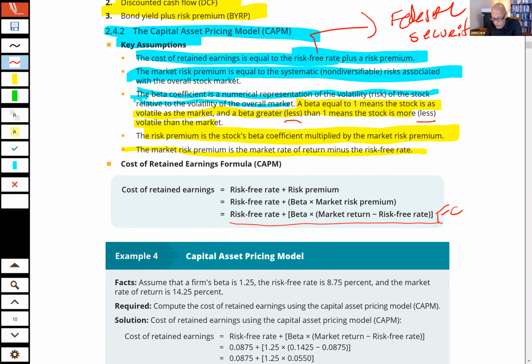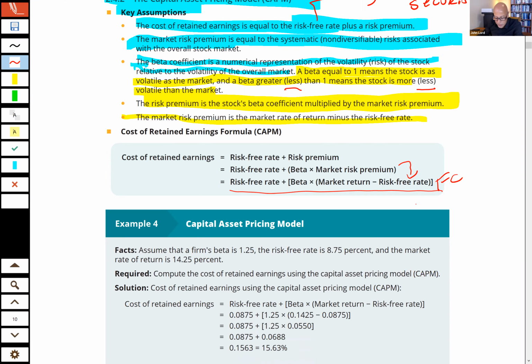I mean, they're not going to make you calculate the risk-free rate of return. And then the risk premium, we already know, is the interaction between the beta and the market risk premium. And the market risk premium, maybe you need to make a flashcard for that: the market risk premium is the market return minus the risk-free rate.